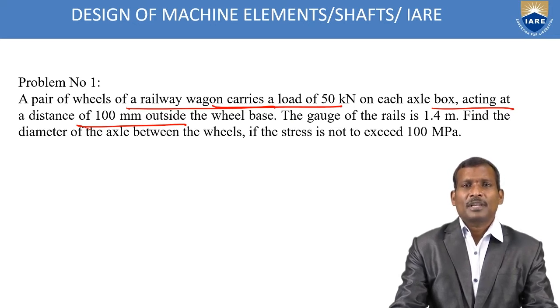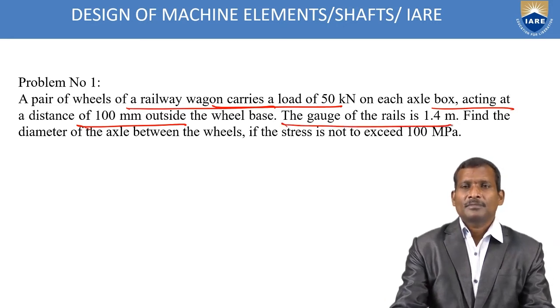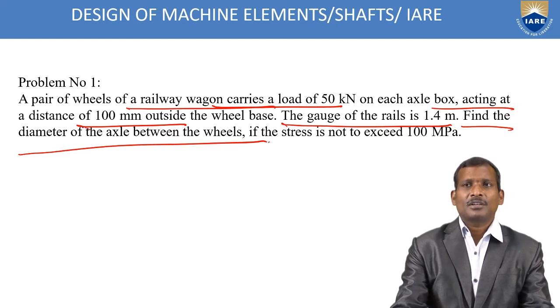The gauge of the rails is 1.4 meters. Find the diameter of the axle between the wheels if the stress is not to exceed 100 megapascal.